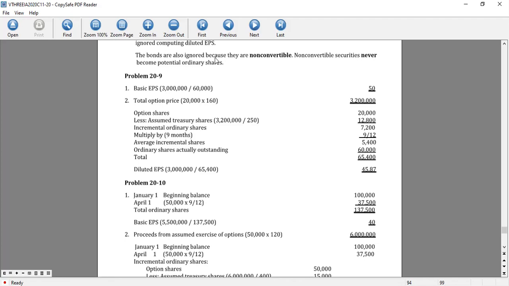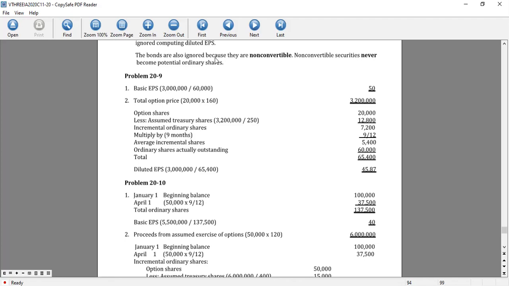Then on April 1, 50,000 we multiply by 9 over 12. So you have 9 over 12 and you have incremental. So for the option shares, we add the option shares to the beginning balance.